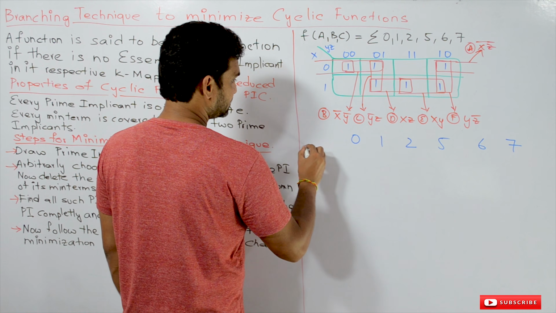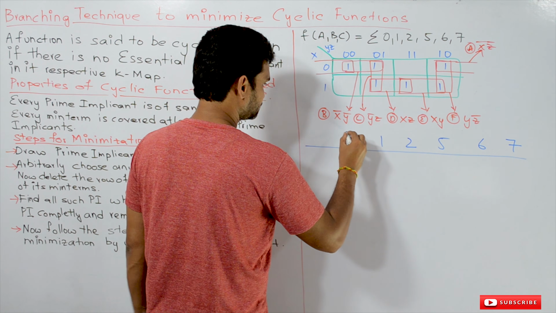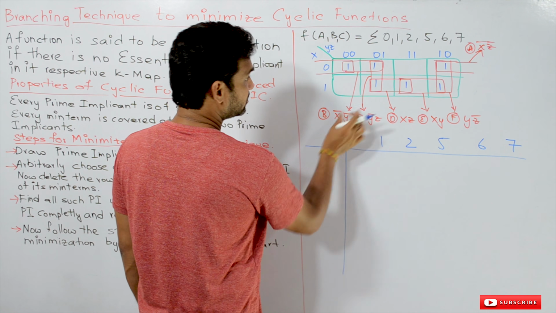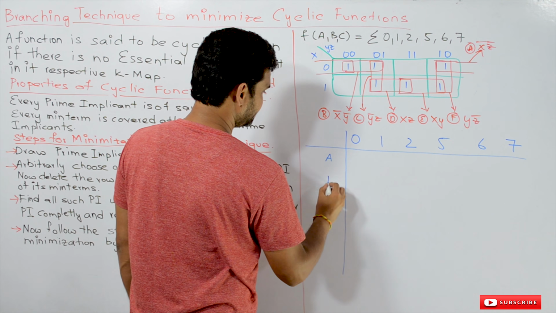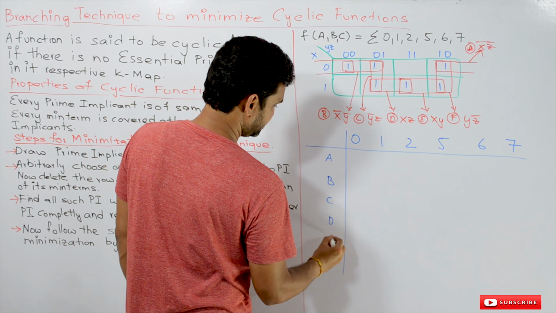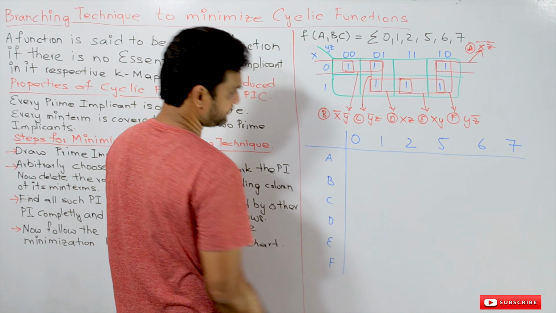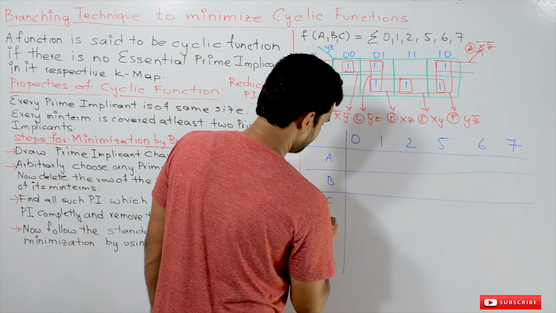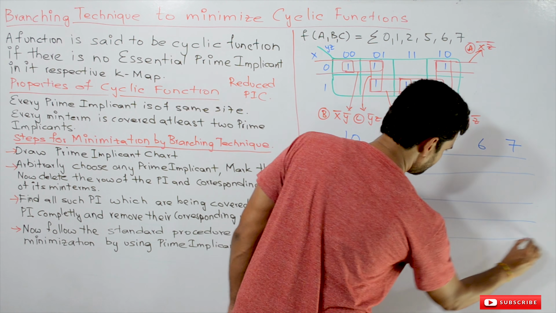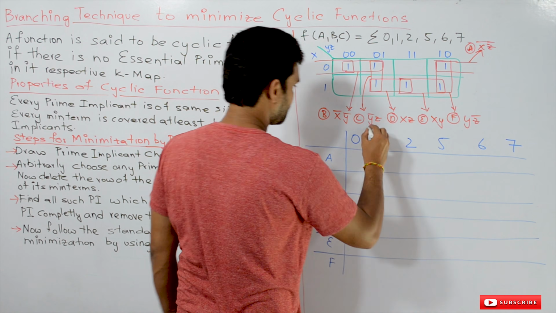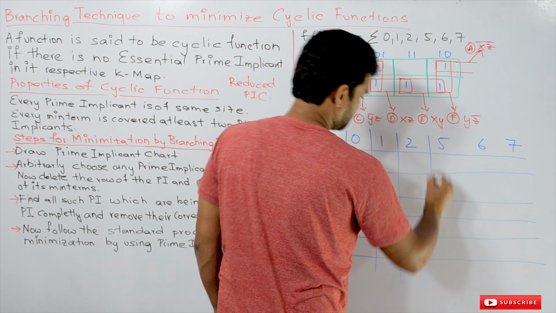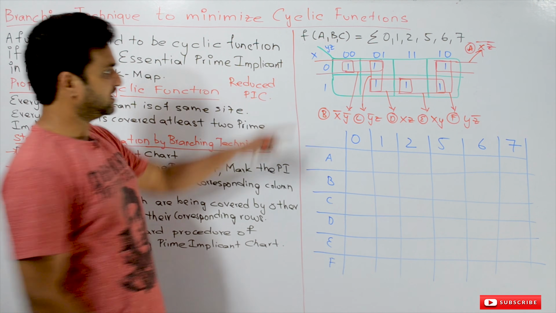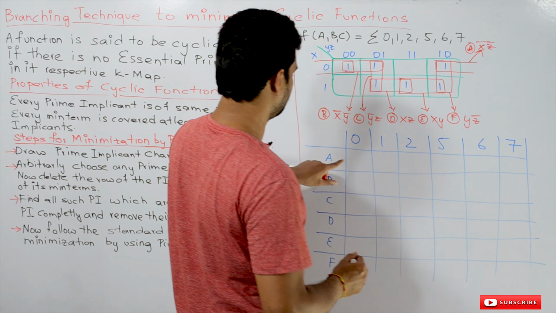And the rows are A, B, C, D, E, F. We are not going to write the terms, we are going to use A, B, C, D. Now we will separate each and every row so that we can avoid confusion. So this is our prime implicant chart, which is generated for the given K-map function.